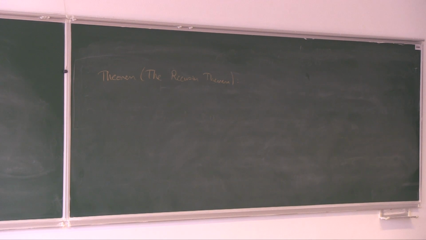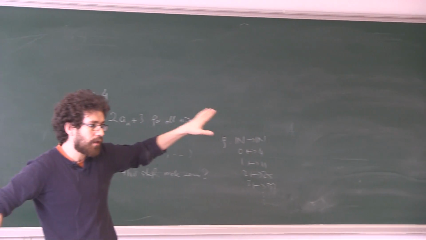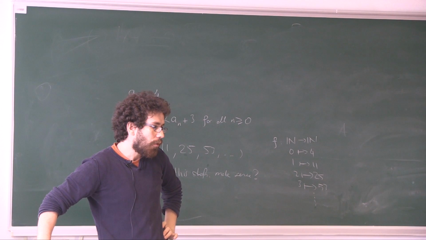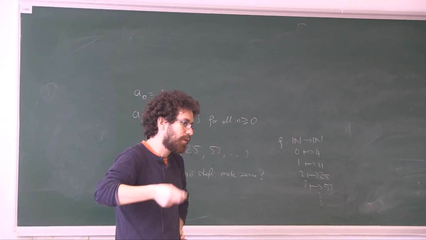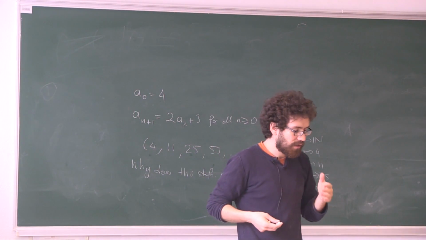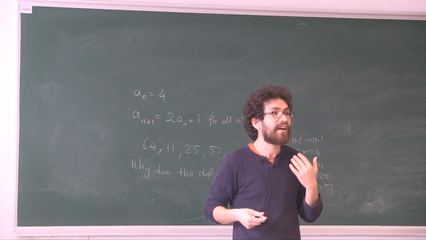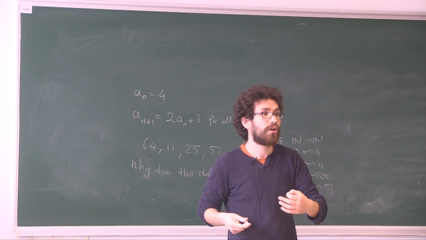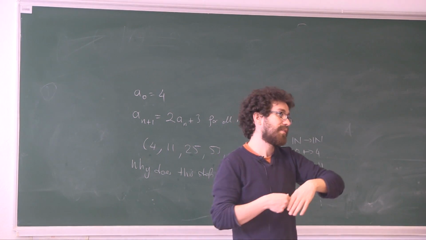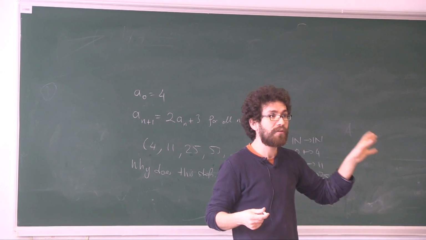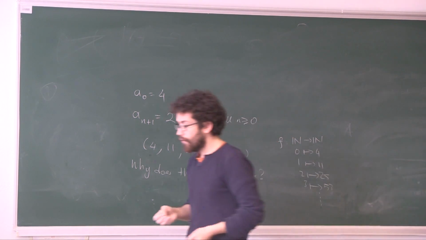Recursive definitions. So why do these make sense? Because of the recursion theorem. The recursion theorem tells us that all those recursive definitions that we write down in practice actually make sense. There are functions and sequences and sets and so on corresponding to those definitions.